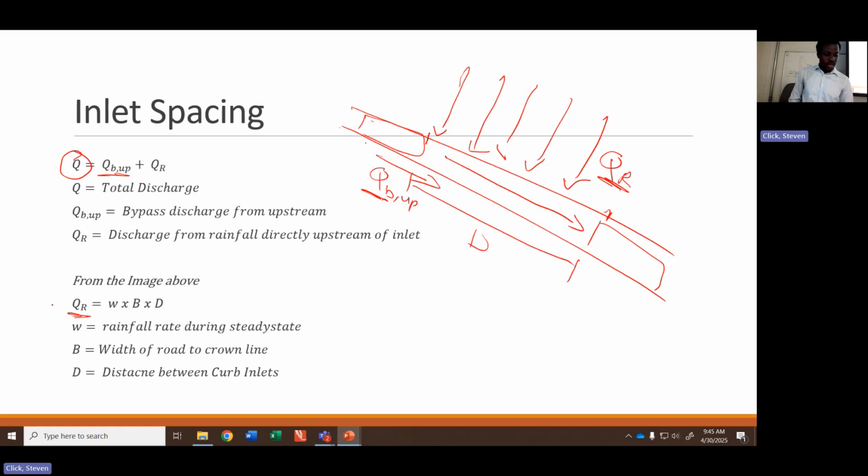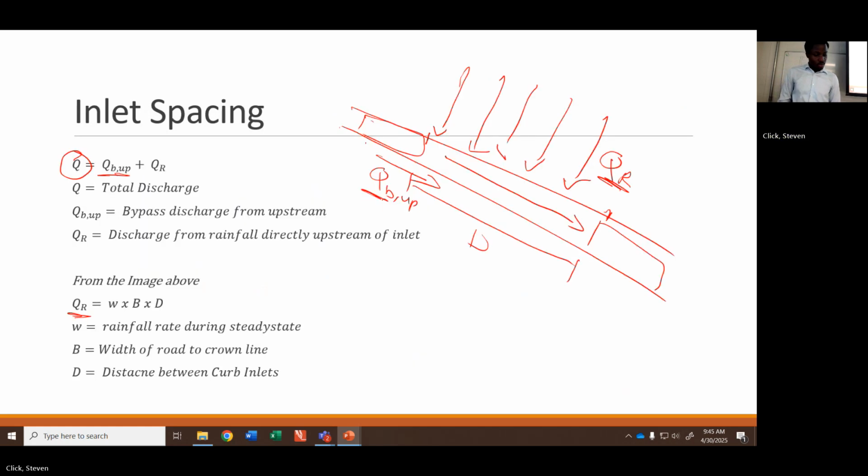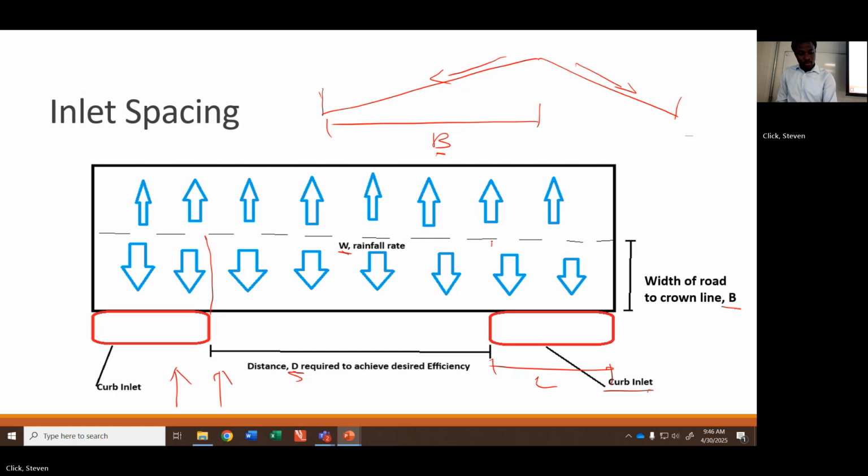And if you want to calculate the rainfall from the roadway, your Q from the roadway is equal to this B multiplied by this D multiplied by the rainfall rate, divided by the conversion. So what we are talking about is just the box area here.